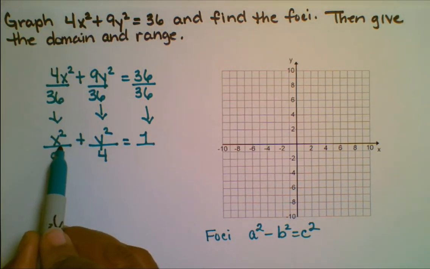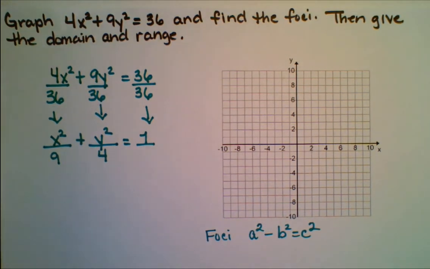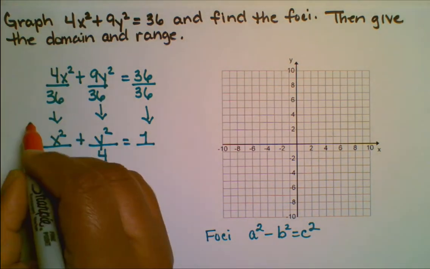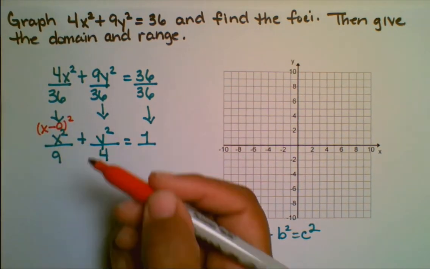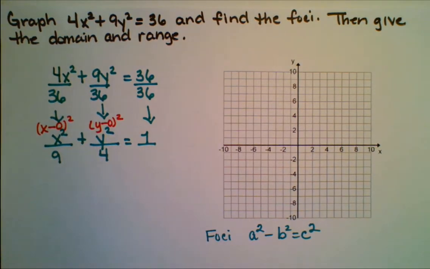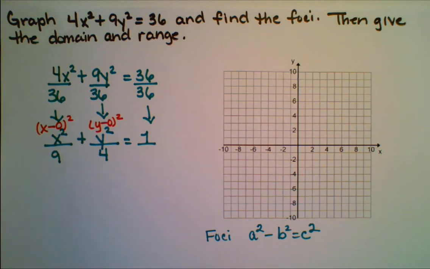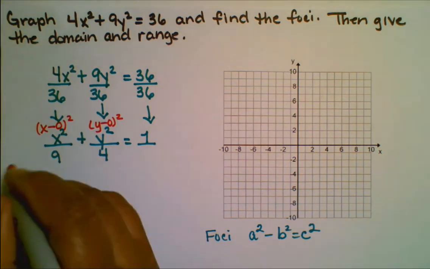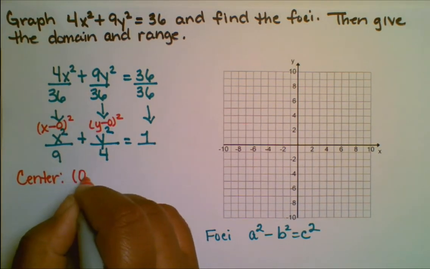Looking at x squared over 9 plus y squared over 4 equals 1, this equation's center is 0, because we can write this as x minus 0 squared over 9 and y minus 0 squared over 4. Our center is 0, 0.